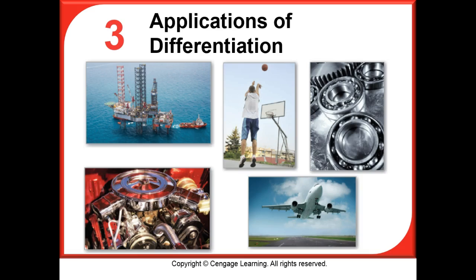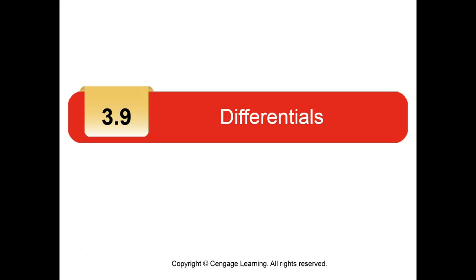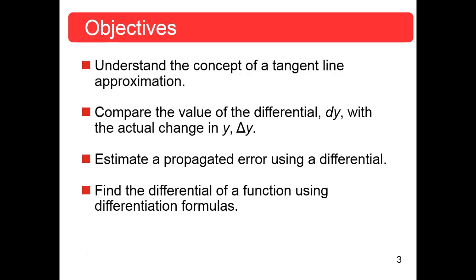Okay. Chapter 3, still applications of differentiation. 3.9, the last section, is called differentials. Does anyone know what differentials means as opposed to derivative? No. Okay, that's what we're going to get at. We're going to first understand the concept of a tangent line approximation. Going back to that, huh? Then we'll compare the value of the differential dy with the actual change in y, which is your delta y.